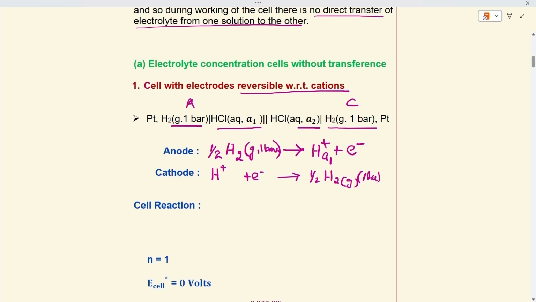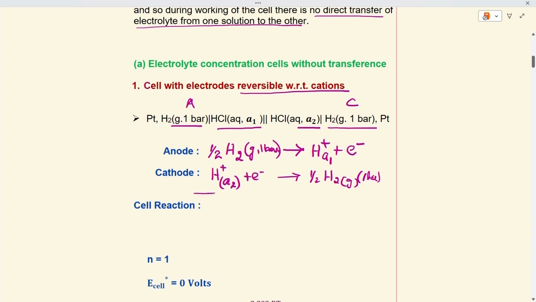But here the hydrogen ions are getting reduced at the cathodic compartment where the activity of H plus is A2. That is different. So, H plus ions are produced by oxidation of hydrogen gas with A1 and in the other case, A2.